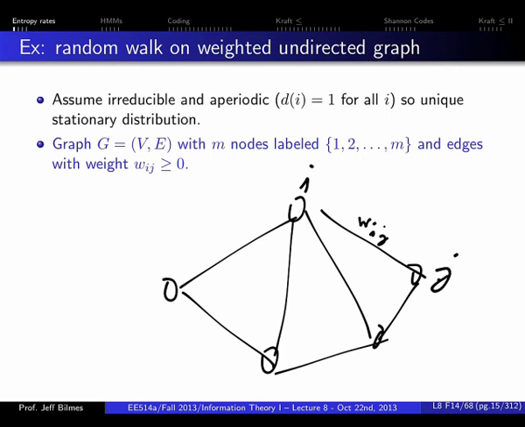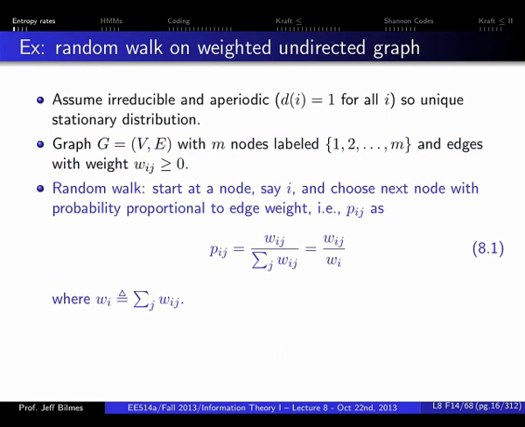And we can essentially do a random walk, where basically we start at some node, say i, and we want to decide randomly which next node to jump to. So we're just jumping around on the graph, on the vertices of the graph. And the probability of choosing the next vertex is based on a probability which is proportional to the weight. And for it to be a probability distribution, we use this probability here.